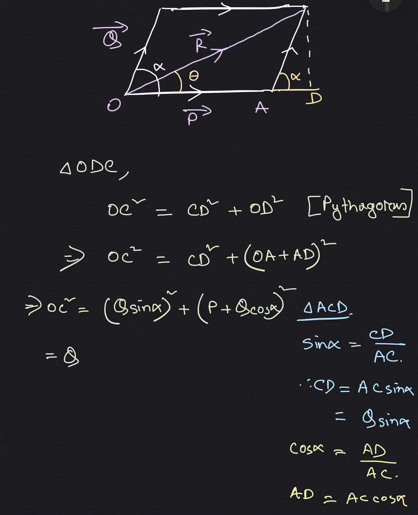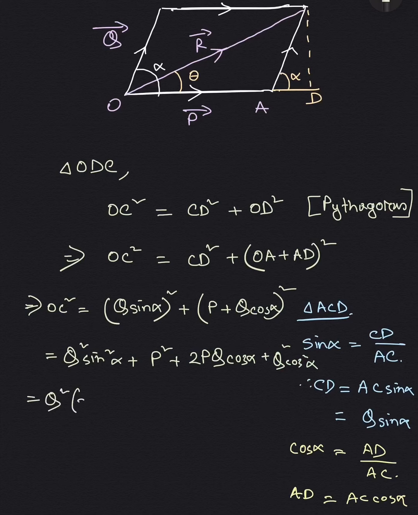Now, Q square sine square alpha plus P square plus 2PQ cos alpha plus Q square cos square alpha equals, we take Q square common, Q square (sine square alpha plus cos square alpha) from these two quantities, plus P square plus 2PQ cos alpha.